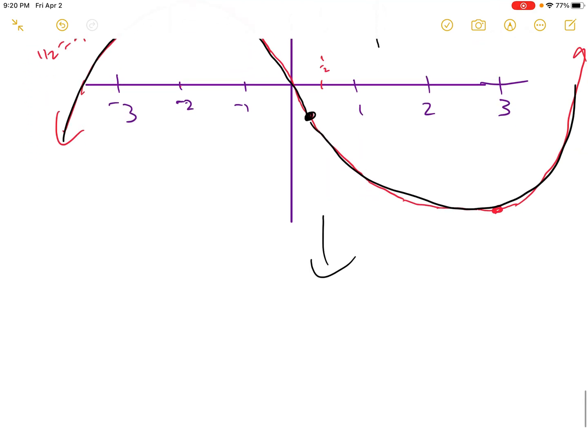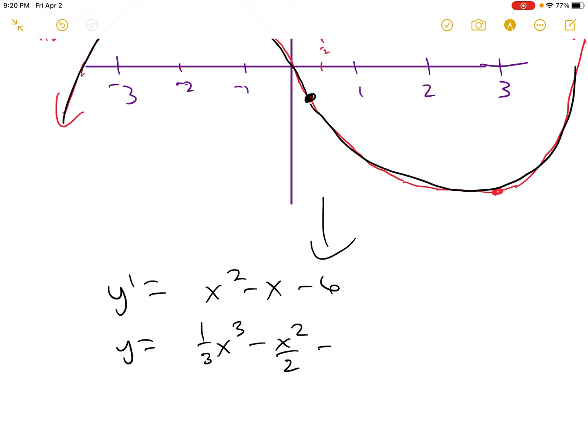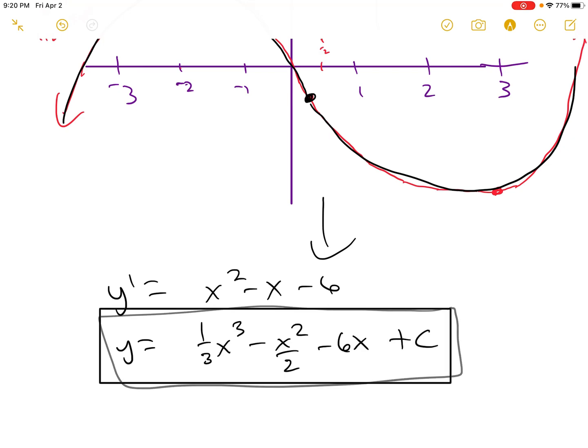Now in Calc 2, if you take Calc 2, which I think most of you will, if you take the antiderivative of this thing, you get 1/3 x cubed minus x squared over 2 minus 6x plus a constant. And this function, if you graph it for any c, will satisfy all these things.